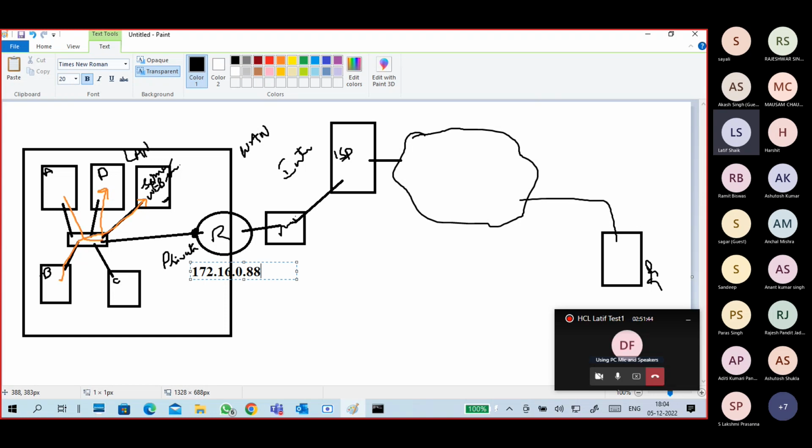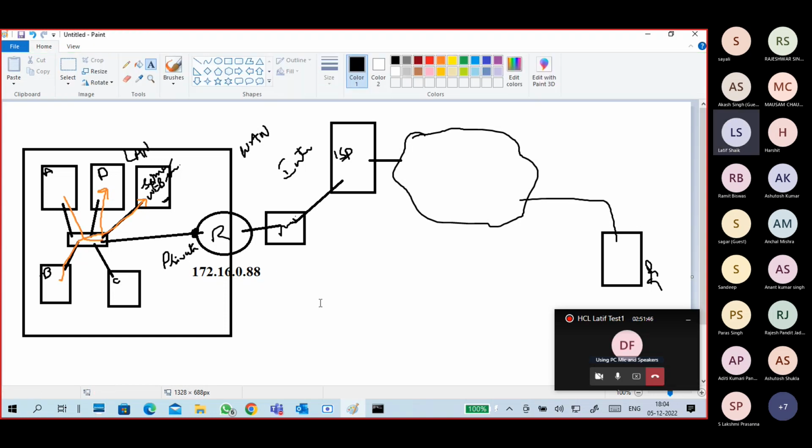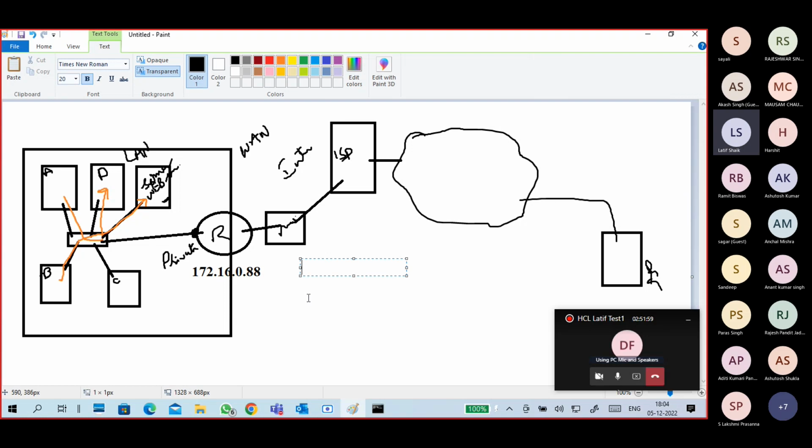This is my internal IP address, my private IP. But when it is going outside, it wants to communicate with some public. So internally it has a private IP, but for outsiders, I use some public IP.